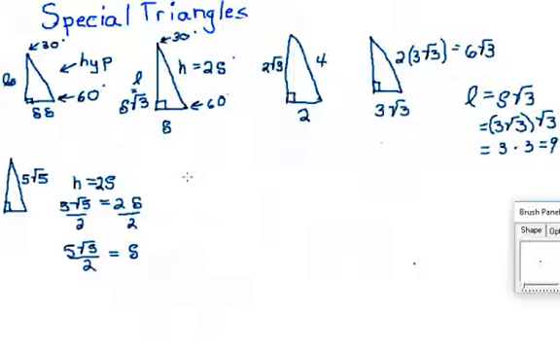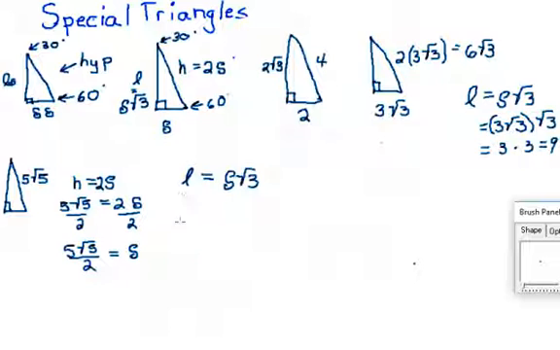Now how about finding the long leg? You have to find the short leg first when they give you the hypotenuse. But remember that the long leg is equal to the short leg times the square root of 3.